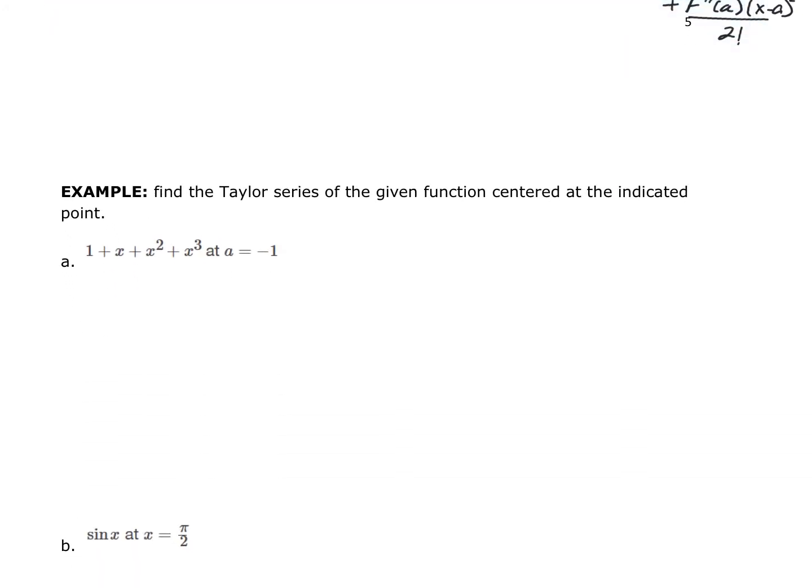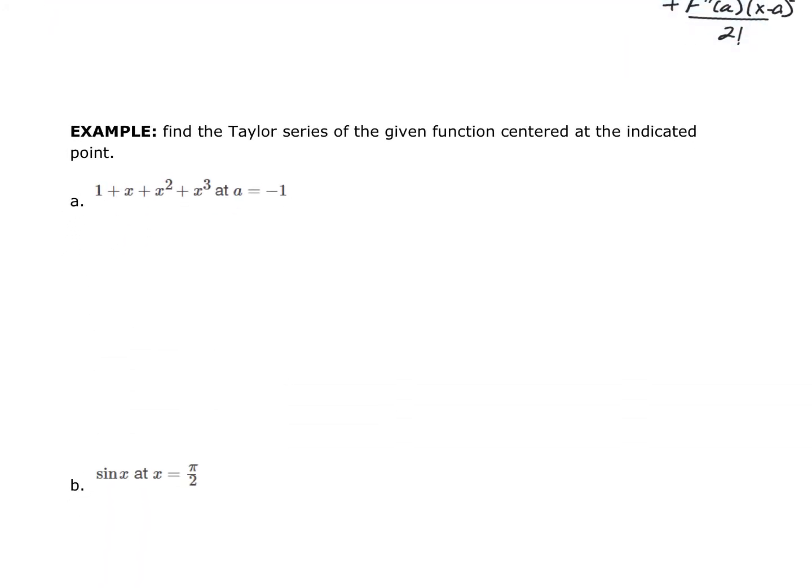So, find the Taylor series for the given function centered at the indicated point. What this is asking me to do is find a Taylor polynomial that is centered at -1. Like the previous example, where I wanted a Taylor polynomial of degree 2, this one I just want a Taylor polynomial, and I'm not given a degree.